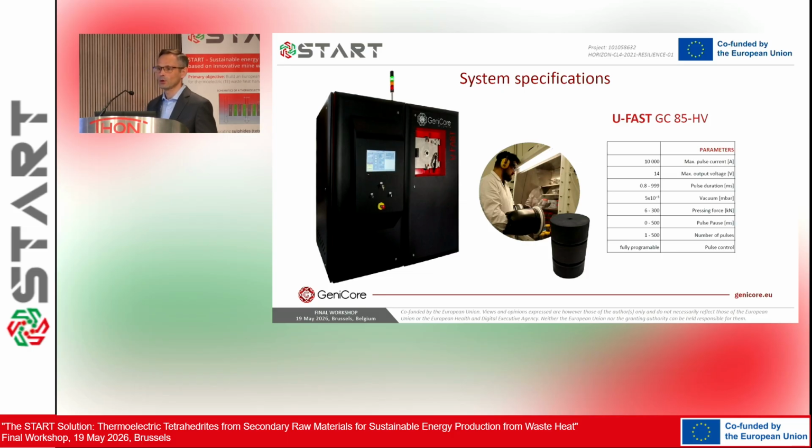The process can be operated under different levels of vacuum, down to 10-5 millibar. The device is equipped with a turbomolecular pump. Also, additional gases, if needed, like for example argon, can be used as an atmosphere in the process.